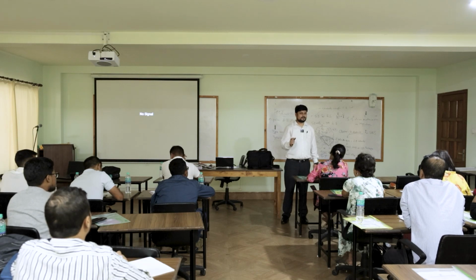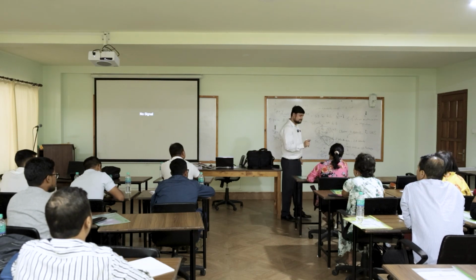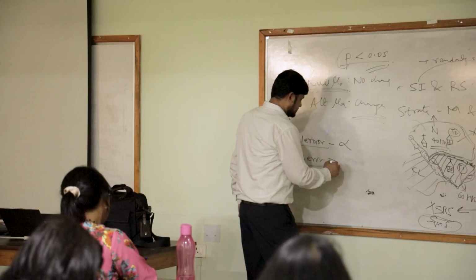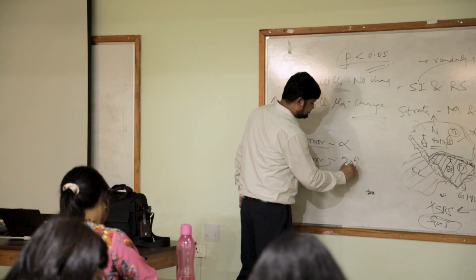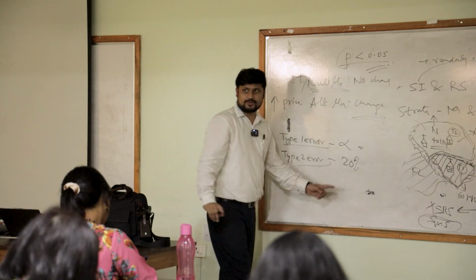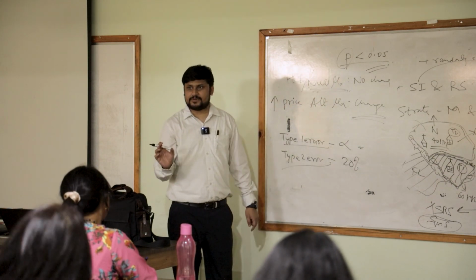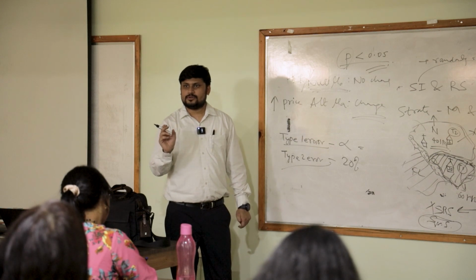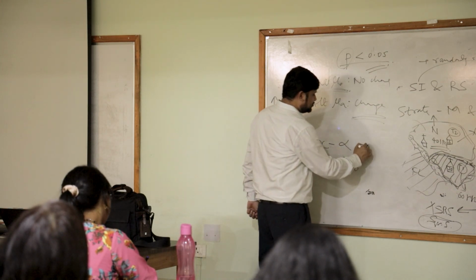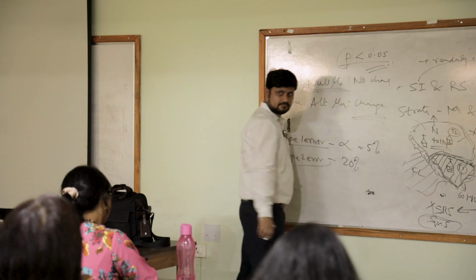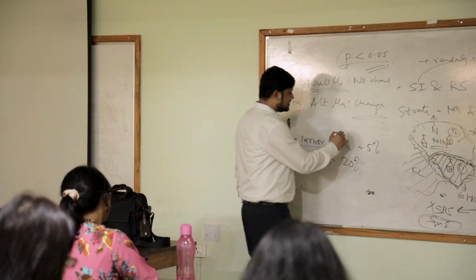What is power? Type 2 error is usually pegged at 20%. No matter what you do, it should be relaxed a bit so that you are able to roll out your vaccines in the market. Type 1 error is usually pegged at 5%. This is the significance level.